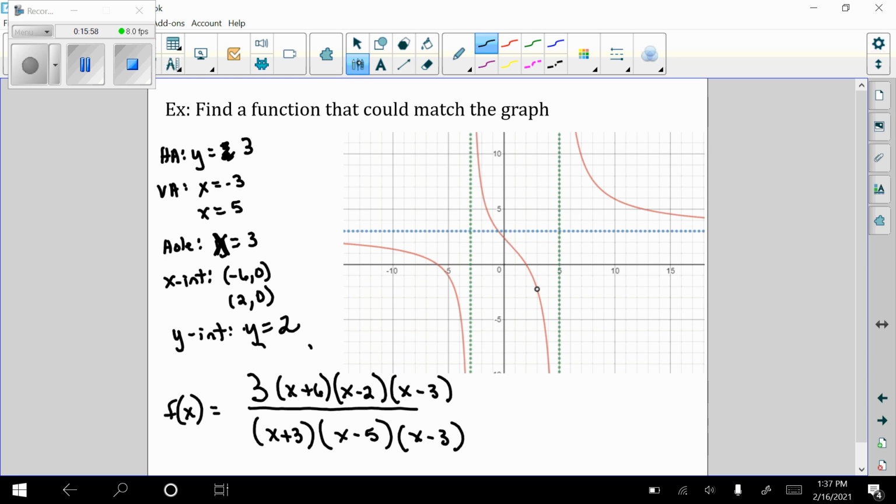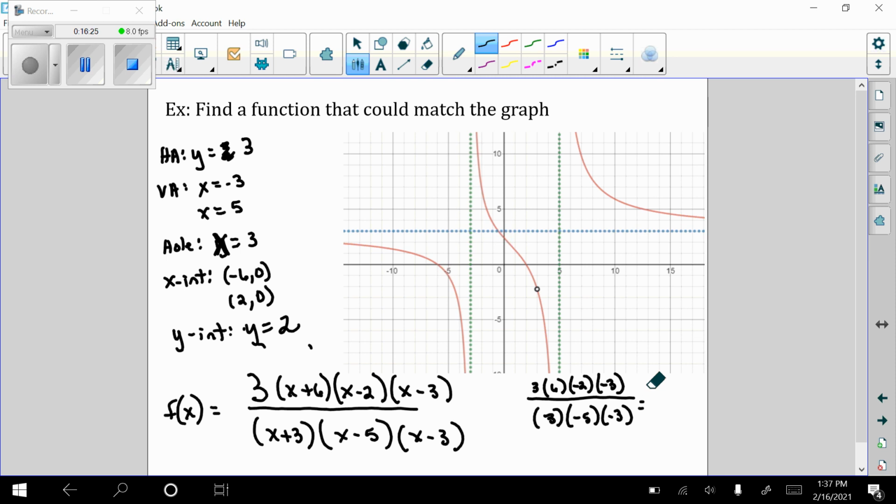When I check my y-intercept with my function, I bet I can figure out exactly where that graph is crossing the y-axis. So on the top, I would have 3 times 6 times negative 2 times negative 3. Remember, I'm just plugging in 0 for x. On the bottom, I have 3 times negative 5 times negative 3.